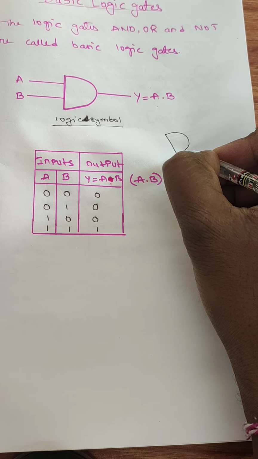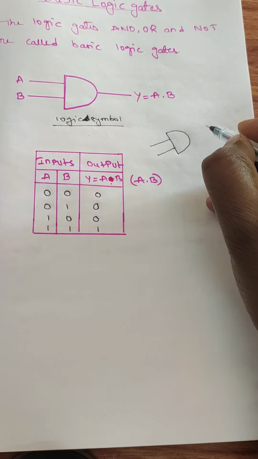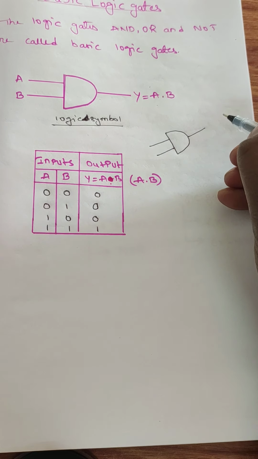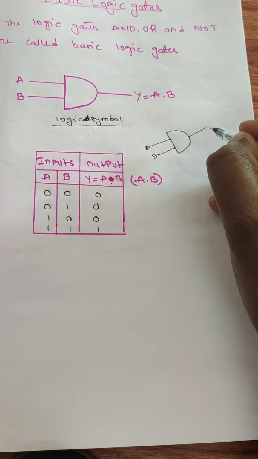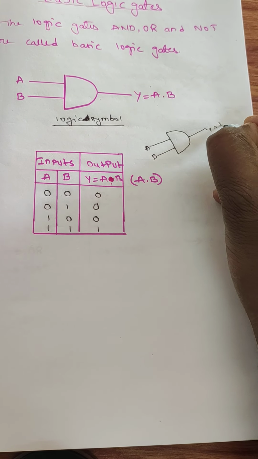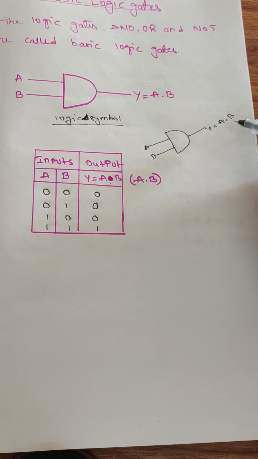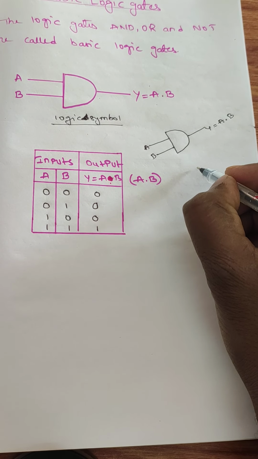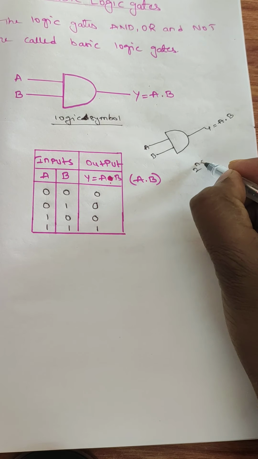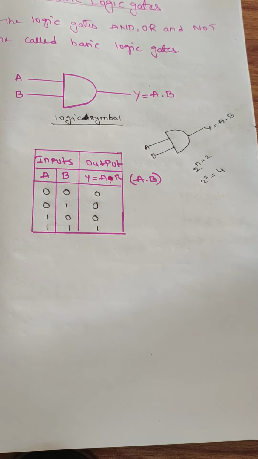This is the logic symbol for the AND gate. It consists of 2 or more inputs and only one output, and the output is Y equal to A dot B. As we are giving two inputs, 2 power n, that is 2 power 2 equal to 4 possibilities are there.